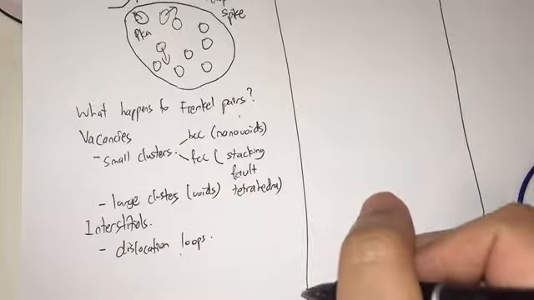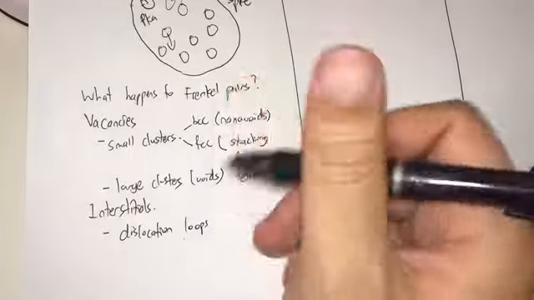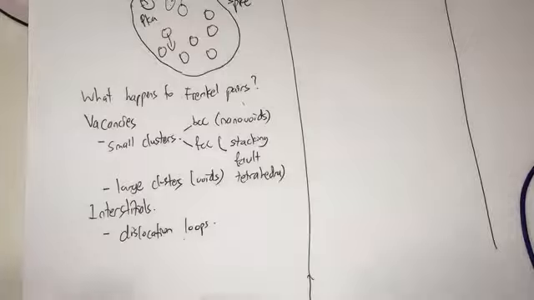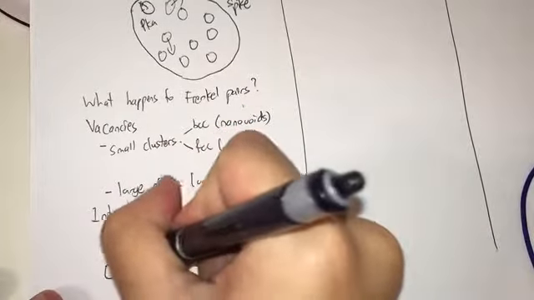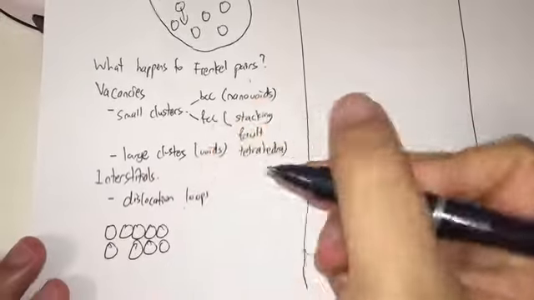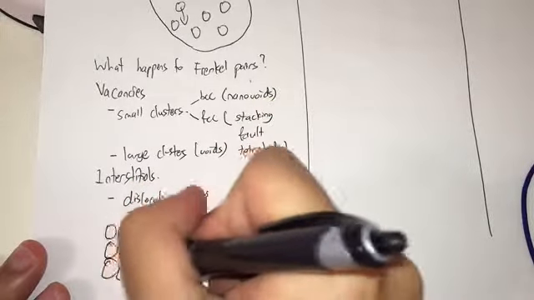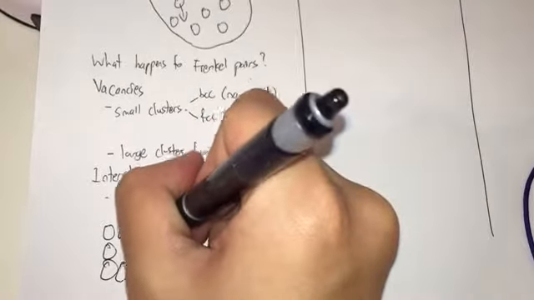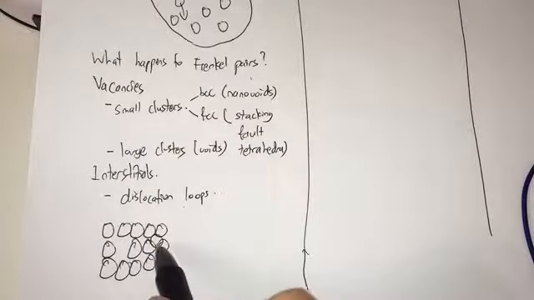And one other thing before we start, we're going to take note that interstitials are less stable than vacancies. Okay? So imagine we have a lattice with several closely packed atoms, and you have one interstitial here that is trying to squeeze its way into an already very tight lattice.